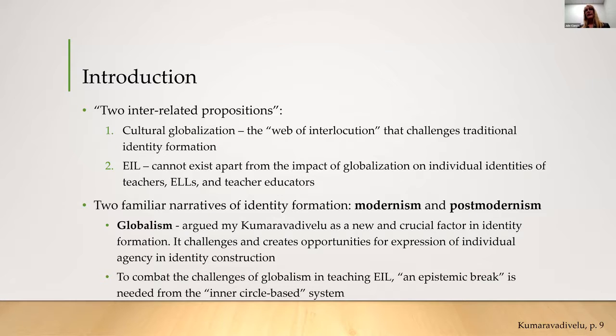So we get into then the theory of modernism versus postmodernism. So modernism comes first, and then postmodernism, as the name implies, comes after. So this author, and I'm sorry I don't want to destroy his name by pronouncing it incorrectly, talks about globalism, and we're looking at this new concept in identity formation and challenging the individual's expression of identity.